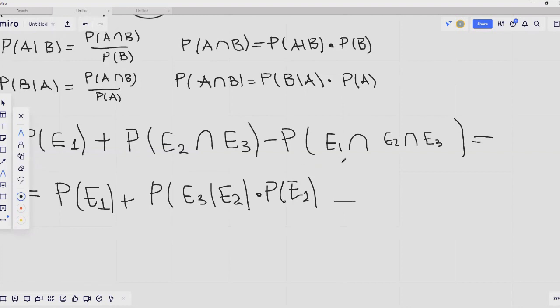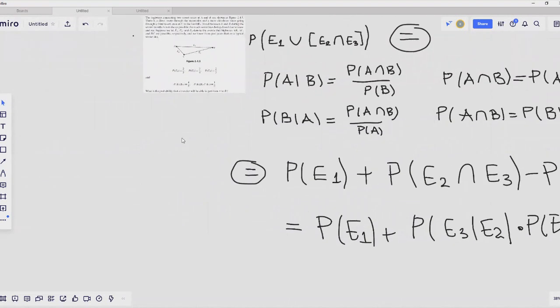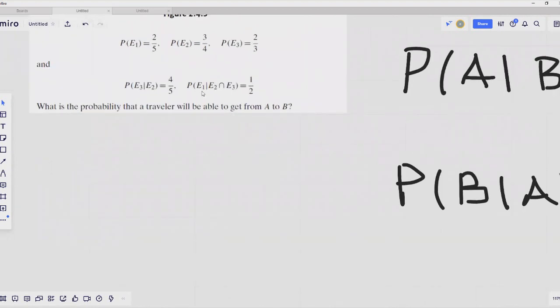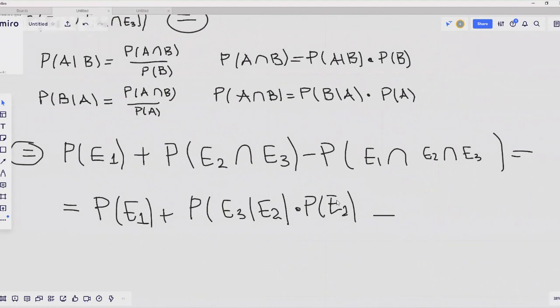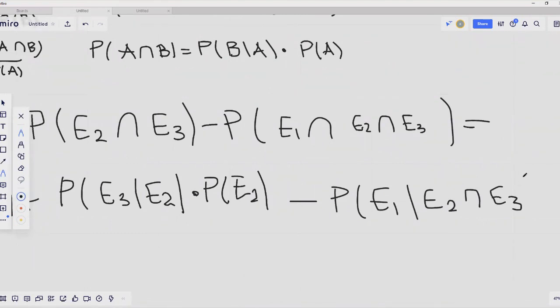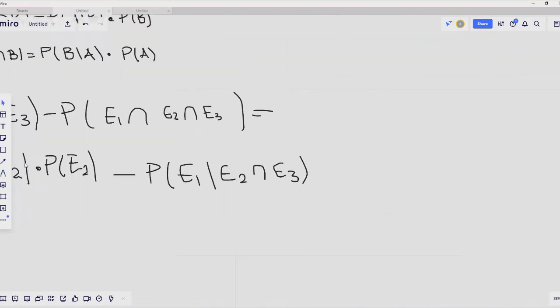Next, here, let's take a look at the conditions of our problem and let's see what is known for us. So we know the conditional probability of E1 given the intersection of E2 and E3. So we can express this probability of intersection as the probability of E1 given E2 intersection with E3 multiplied by the probability of E2 intersection with E3.